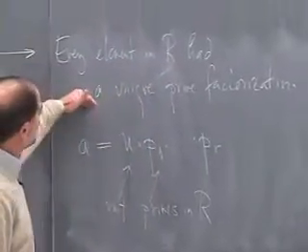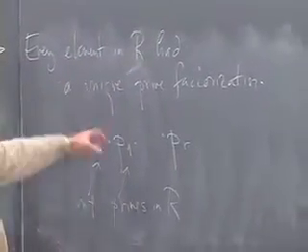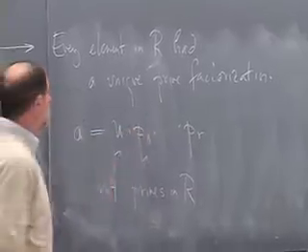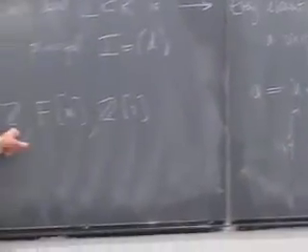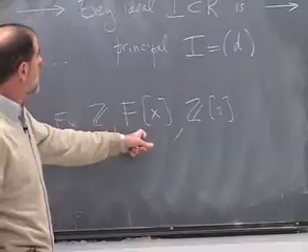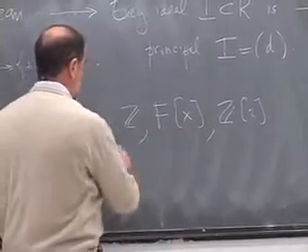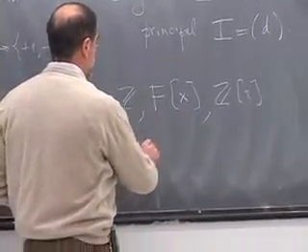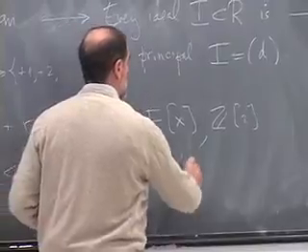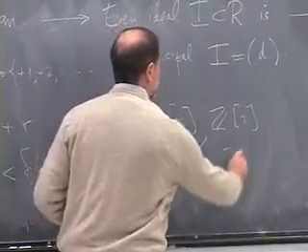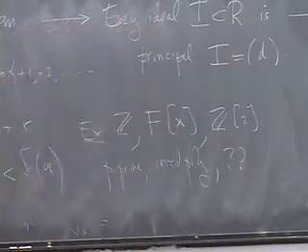When you have this theorem, it's only valuable if you really know what the primes look like. So in the integers, they're the usual prime numbers. In the polynomial ring, they're what we call irreducible polynomials. Here it is prime, here it's an irreducible polynomial. And next time, we're going to find out what the primes look like in the Gaussian integers.